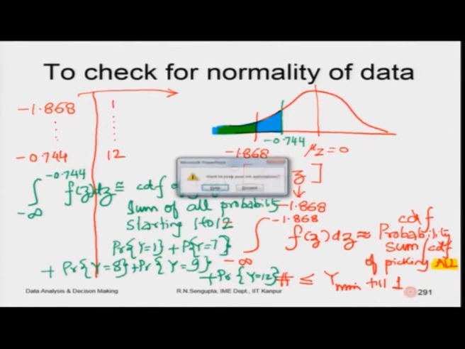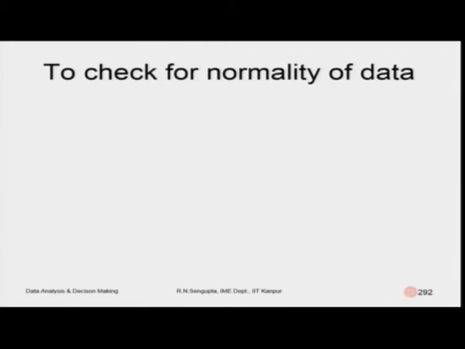I am going to come to that later on. So, this is actually the essence. The summation from minus infinity to some value of z, f of z, this is the standard normal, that should be equal to f of y or small y, which is probability of capital Y being less than or equal to small y.